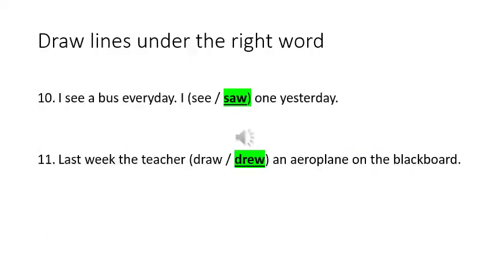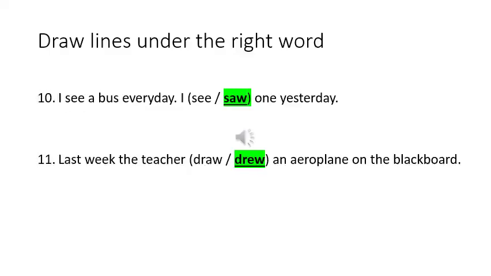10th one. I see a bus every day. I dash one yesterday. Here two sentences are there. The first sentence is about the present tense and the second sentence is talking about past tense.